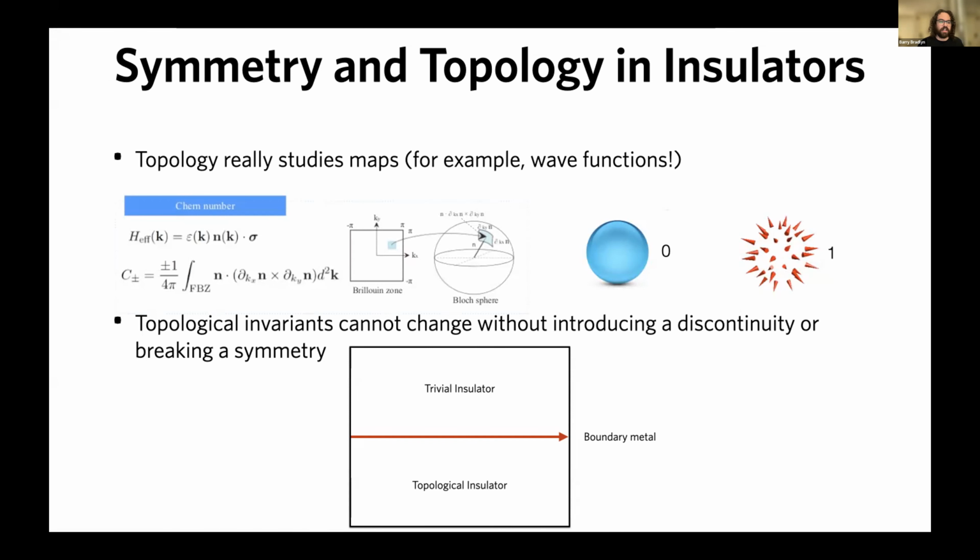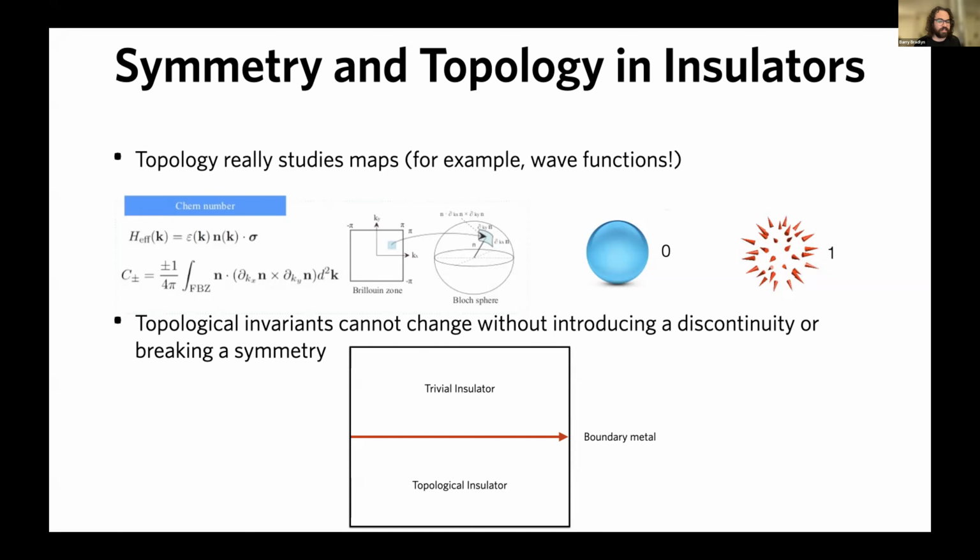So we can imagine what happens if I have some system with Chern number, or any topological invariant, equal to 1, and I want to, in position space, vary some parameters in the Hamiltonian such that on one side I have my topological phase, and on the other side I have the vacuum, which is the simplest example of a trivial insulator.